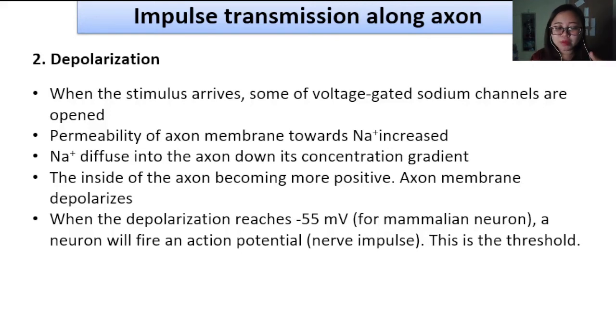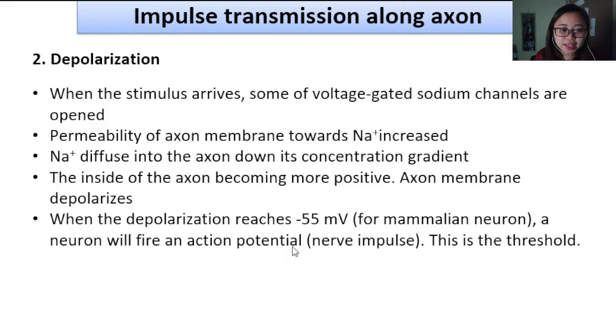So bila membrane potential itu naik daripada negative 70, mungkin dia akan naik kepada negative 60, then negative 65, and eventually negative 55 millivolts. Bila dia sampai negative 55 millivolts, it will trigger the next stage in this impulse transmission.